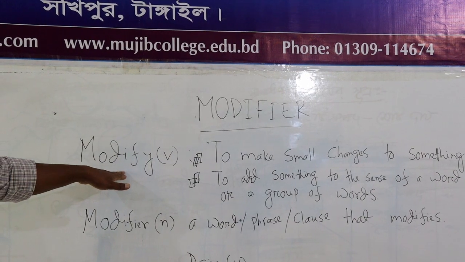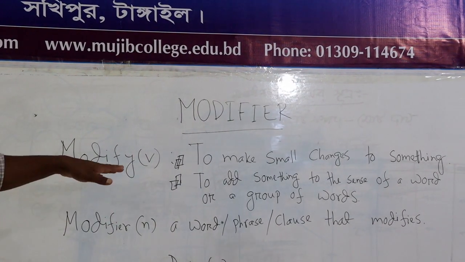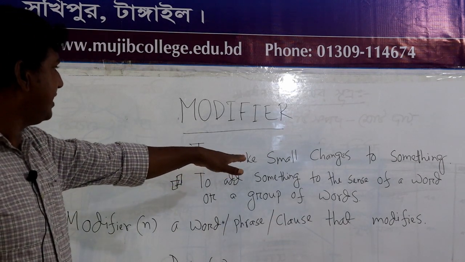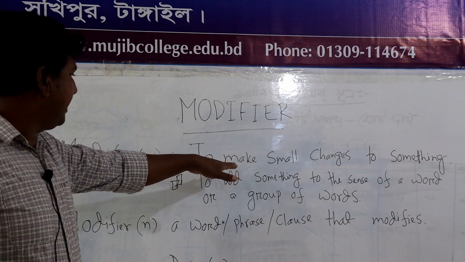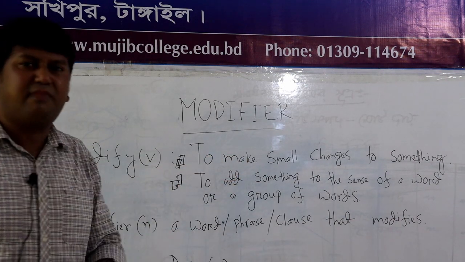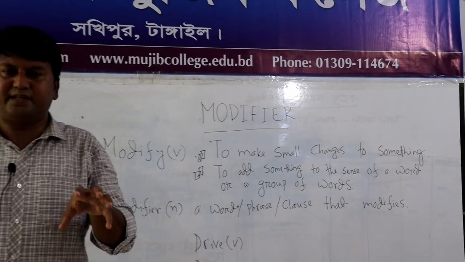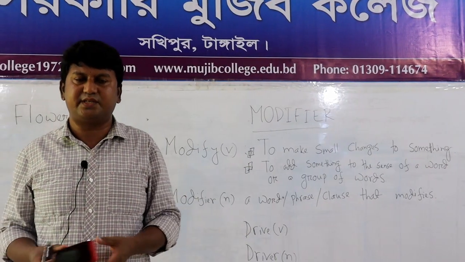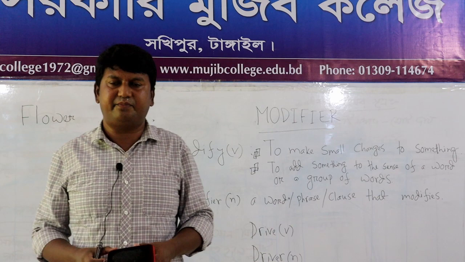So what does this verb modify mean? Look at the definition: to make small changes to something. Modifying actually means to make minor changes or small changes to something to make it more useful, to make it more suitable. To simplify, let me give you an example.